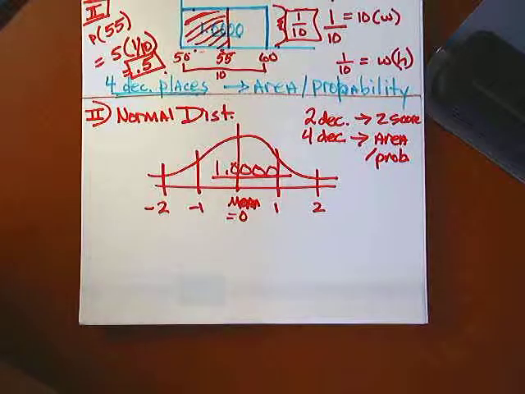Now, you're also going to be using the z-table. Now, the way that the z-table works is when you pull up a z-table in your book. I don't have one with me right now.